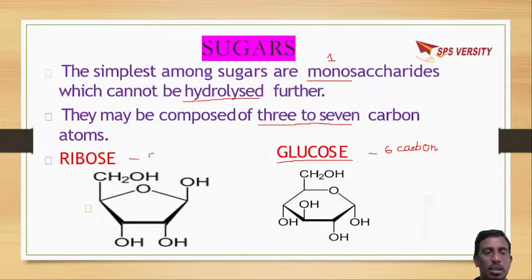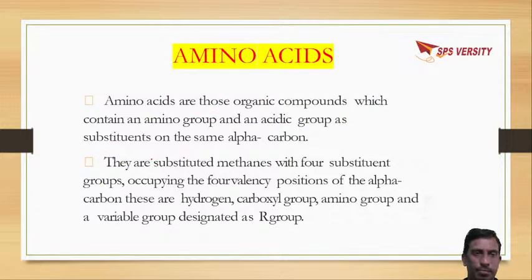Ribose is a monosaccharide, उसमें 5 carbons रहता. A 4 carbon compound is erythrose. A 7 carbon compound is pseudoheptulose. So the number of carbons may vary in monosaccharides. So they are simplest sugars. So simplest sugars में हम ले सकते glucose, ribose, xylulose, pseudoheptulose, ये पूरा इसमें आता है, based on the number of carbons.